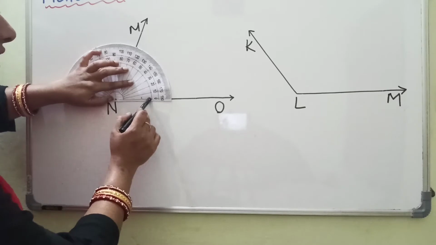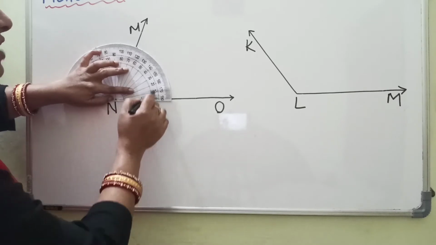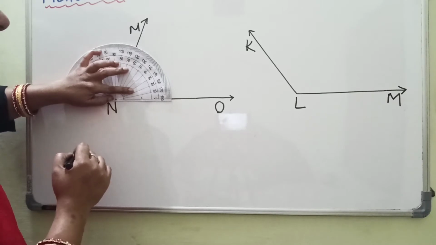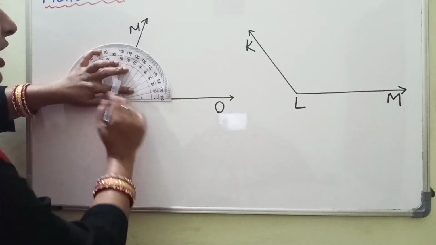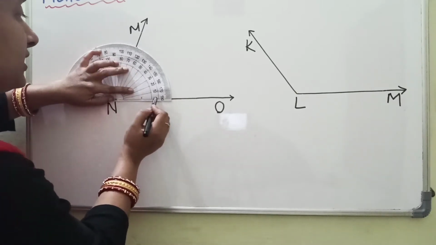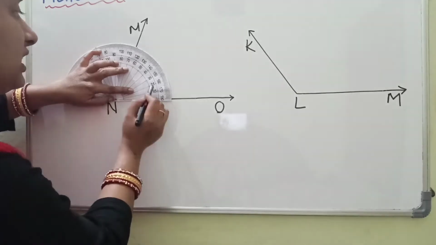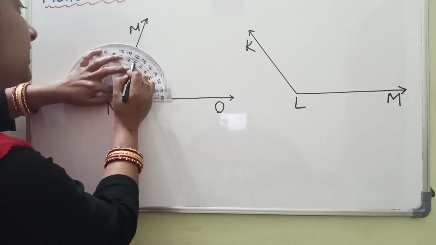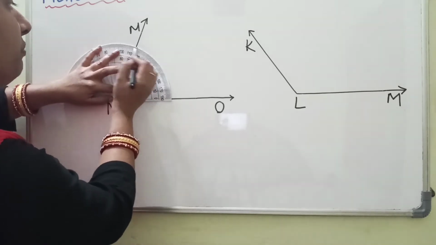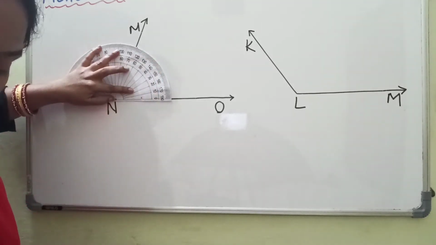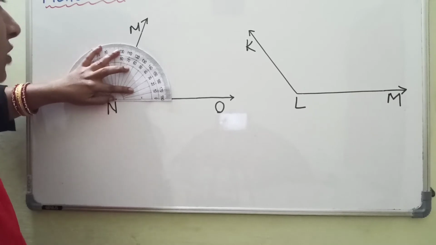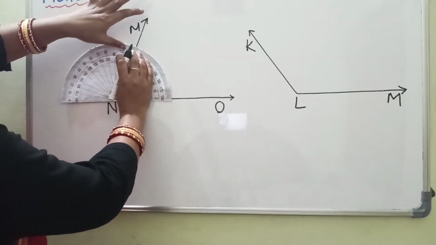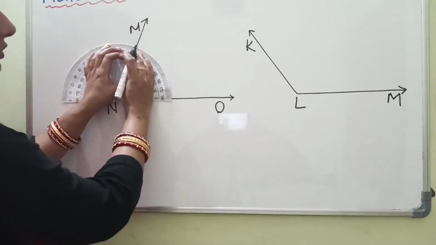Now let us read the inner scale until we reach the other arm where it is marking on or touching the protractor. Let's see the readings. Here we have 10 degree, 20 degree, 30 degree, 40 degree, 50 degree, 60 degree, and it's below 70 degree. So carefully we will observe at what point the other arm of the angle is touching the protractor.